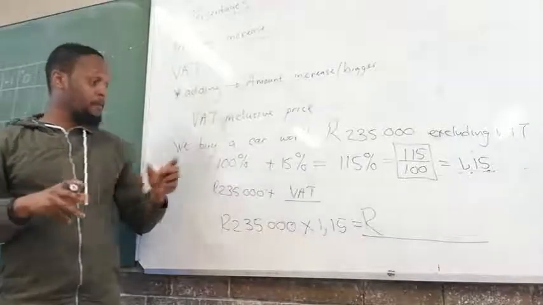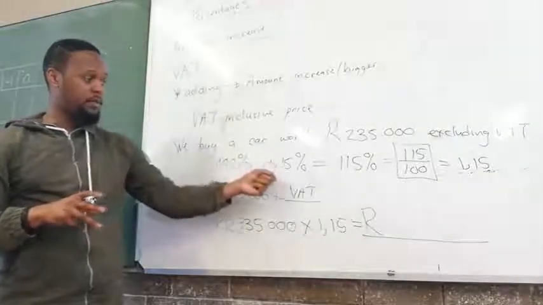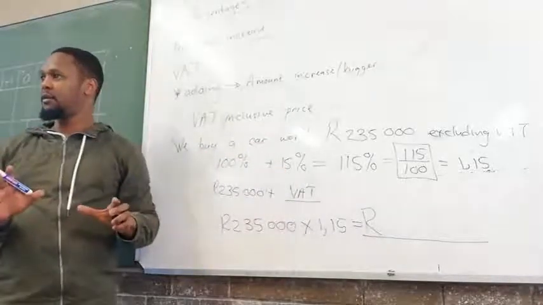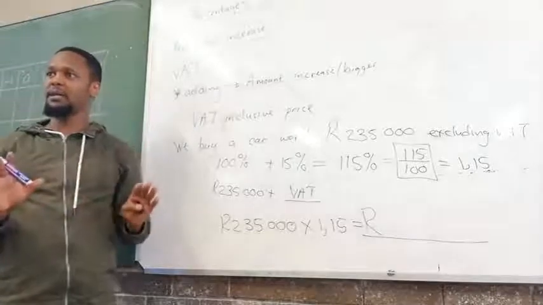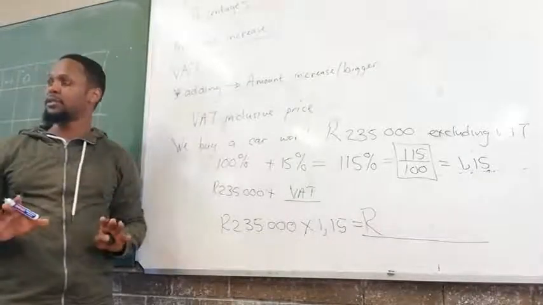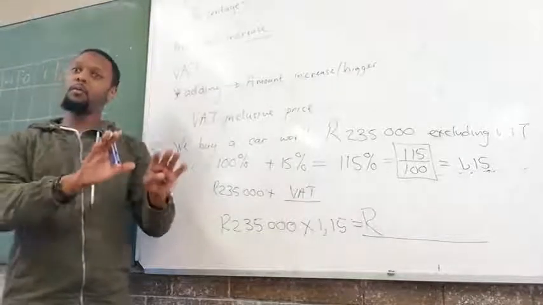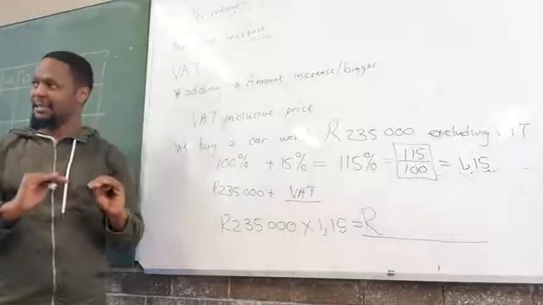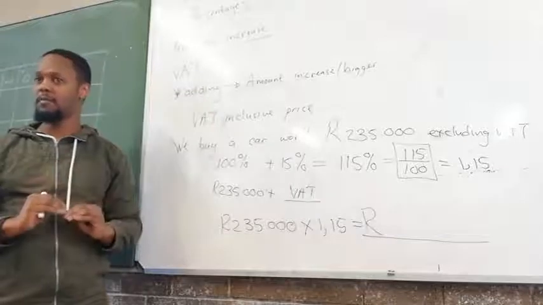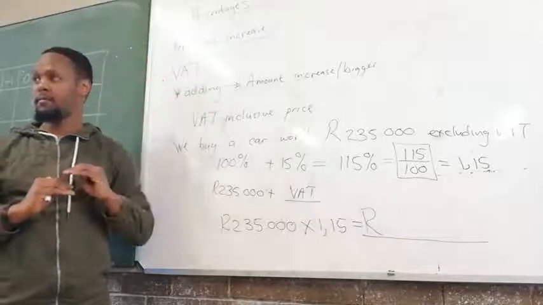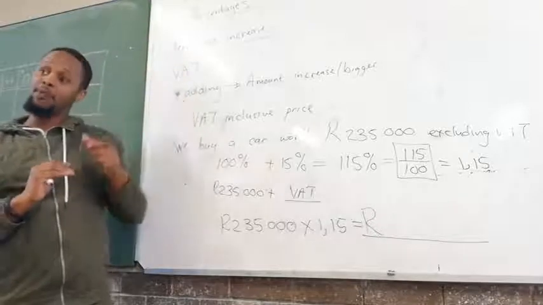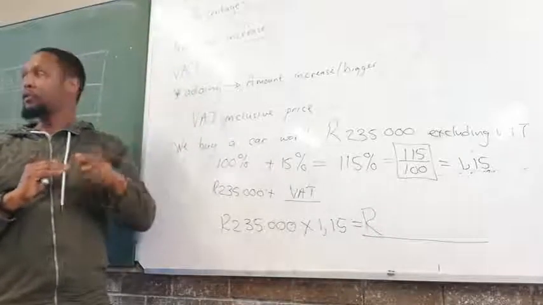Or what also happens is that when we calculate 15%, we feel that we have done enough and we have outdone ourselves, and then we move on to the next question. But no, your VAT inclusive amount cannot be less than the VAT exclusive amount. It must be more. So if you calculate 15% only, you have to add that to the amount that you started with.